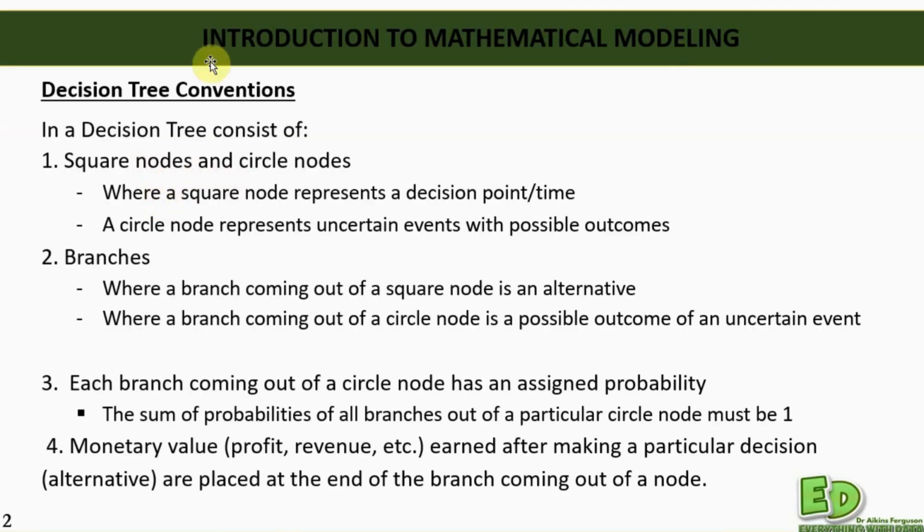A decision tree consists of square nodes and circle nodes, where a square node represents a decision point or time. That simply means there could be a point where you're making a decision, and we are representing that on a decision tree.